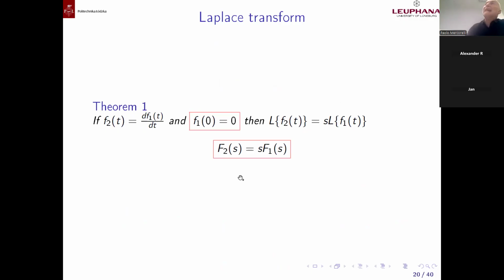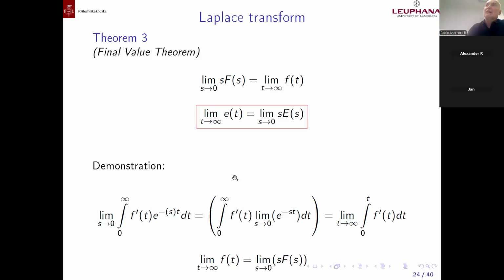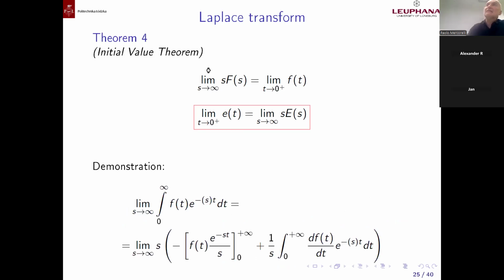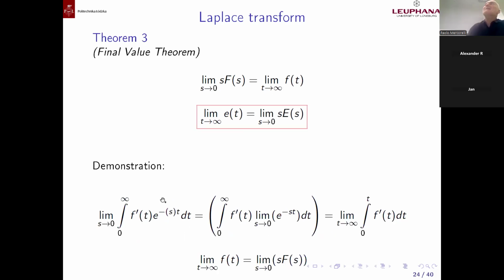This means to demonstrate this sentence here, we will start with the definition of the Laplace transform of a derivative of a function f in this case. The calculation is extremely easy. I can put the limit inside because the integral is not in s. It's defined between 0 and infinite, but in time. This means I can put the limit inside.